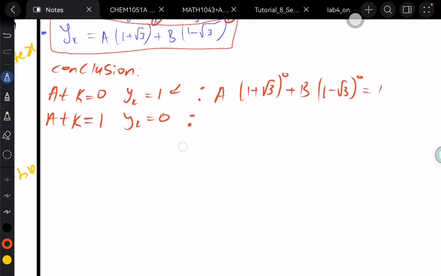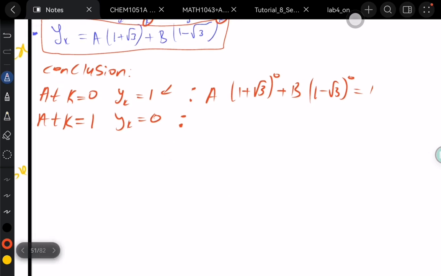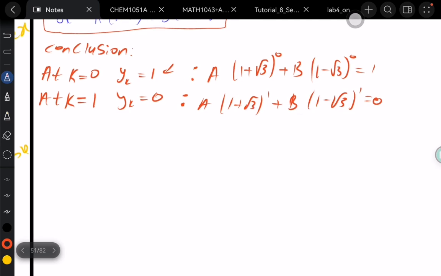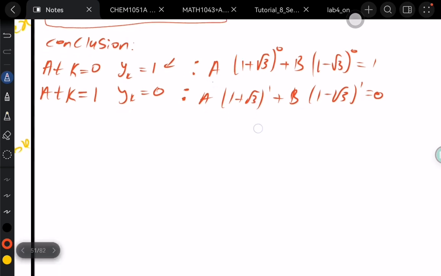When we come to the second condition, when my value of k is equal to 1, I'll have a times (1 plus the root of 3) to the power 1 plus b times (1 minus the root of 3) to the power 1 equals 0. Now I have to solve for the value of a and the value of b. So I have these equations: a plus b equals 1, let's call it equation 1.